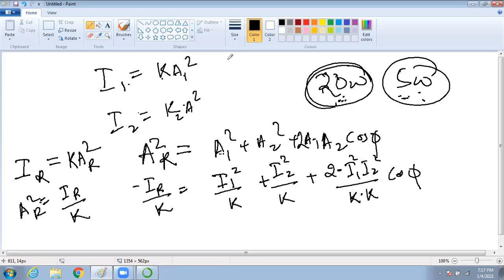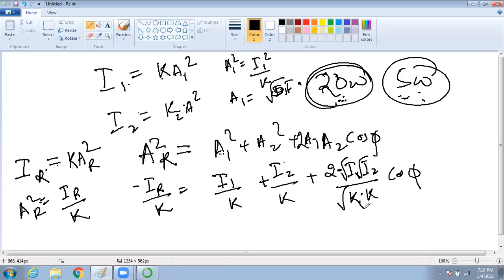A1 square is I1 by K, so A1 will be root of I1 by K. Sorry, this is I1 by K, not I1 square. A whole root will come, and here also root will come.